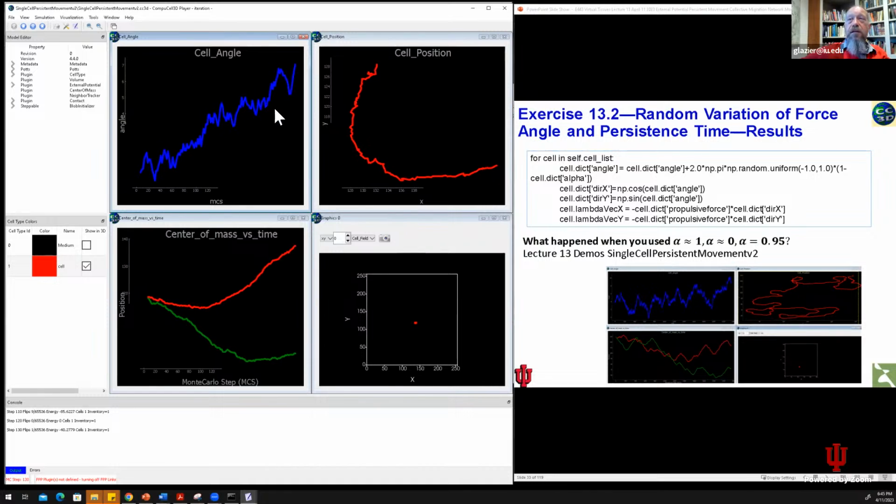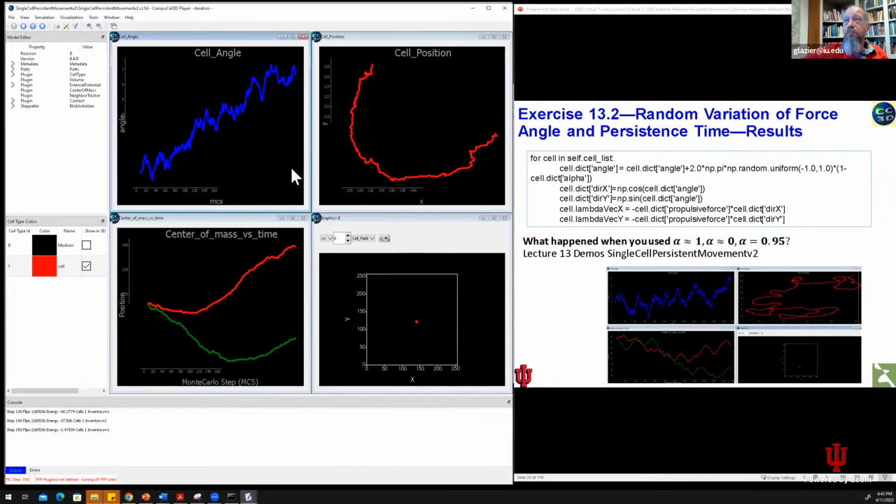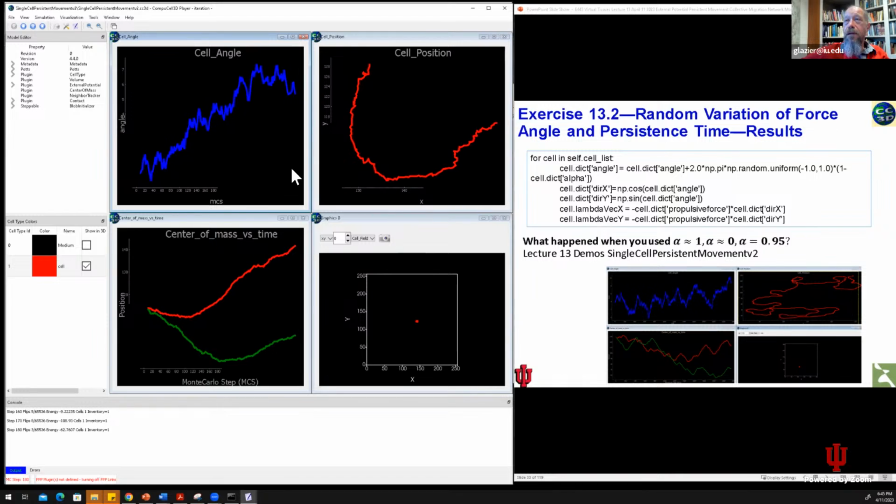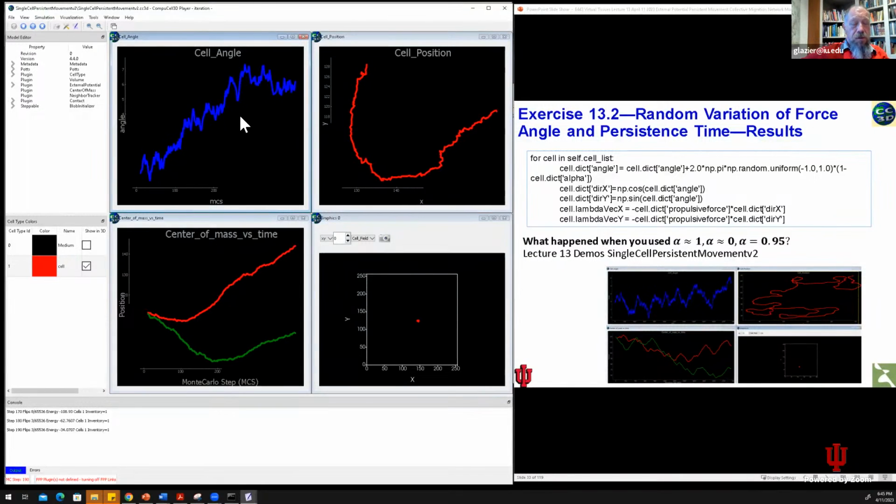If you look at the cell angle, you'll see the way that changes. I'm actually a little puzzled by why it seems to continue to increase, because it should be uniform random, up or down.